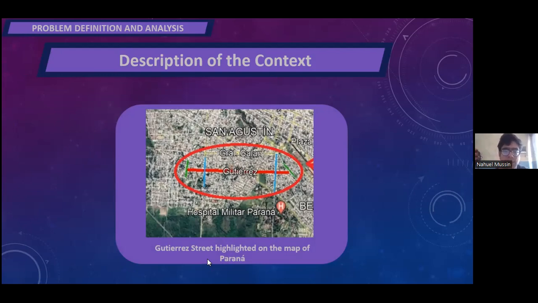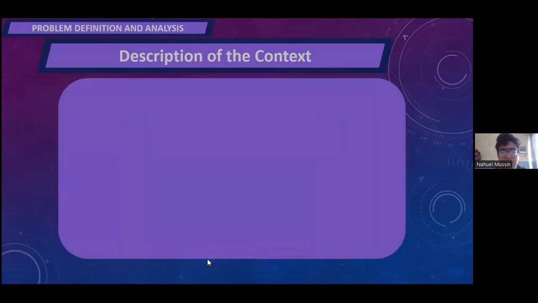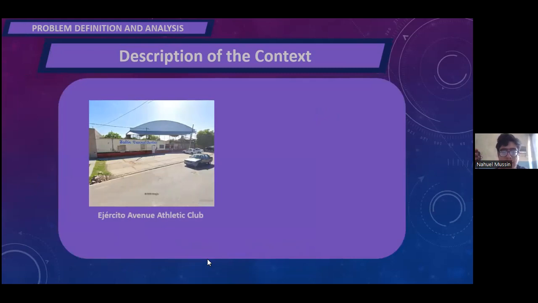Also, it is intersected by other important streets like Ejército Avenue and Selva Montiel Street, which are marked in blue in the picture. Moving towards Gutierrez Street and Ejército Avenue, you can find Ejército Avenue Athletic Club, which is one of the most prominent landmarks in the area.